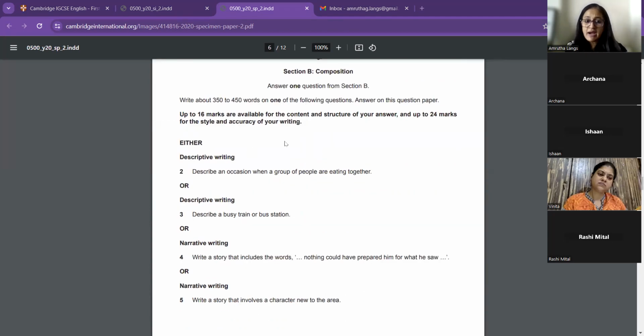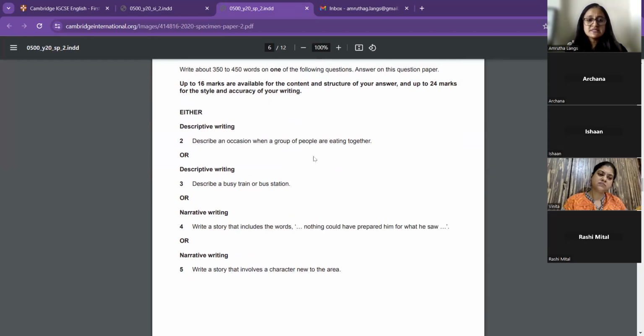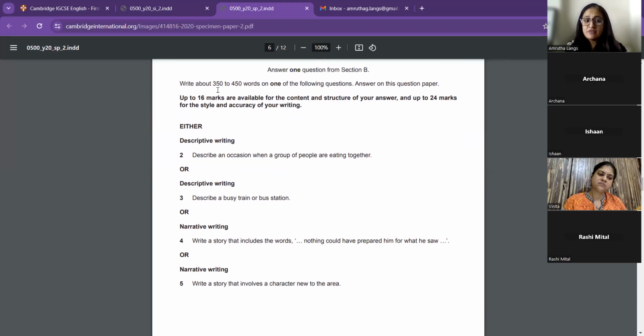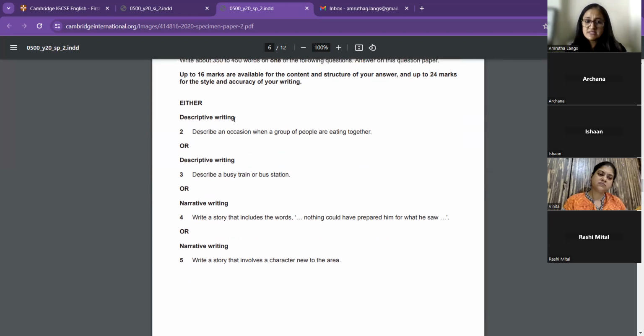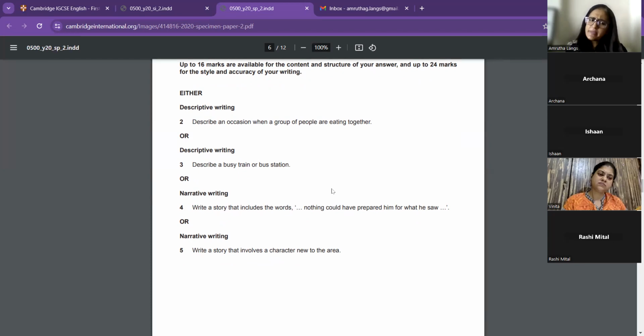Then the composition part, you will see is 350 to 450 words and any one topic. You have to choose descriptive writing or narrative writing, and they have given you the topics. The topics also, you see, are very hatke, it's not the typical Indian board style.